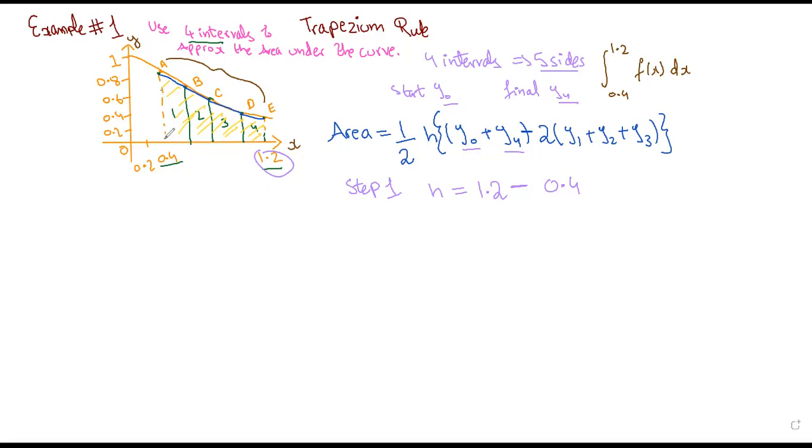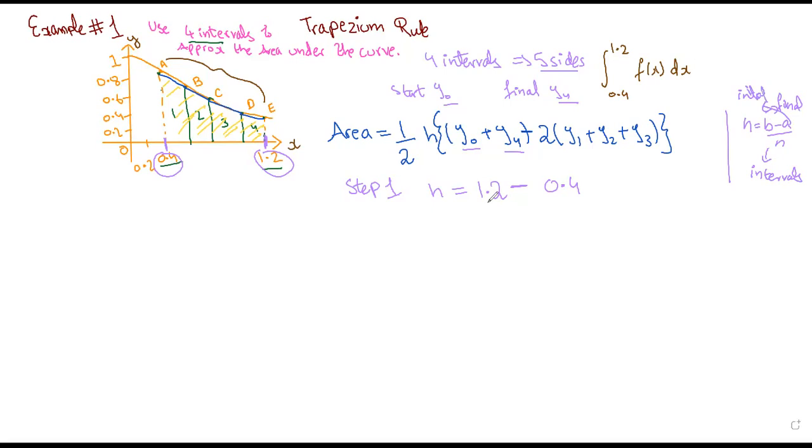Here he wants you to find the area between these 2 points. So this is our a and this is our b, because h is (b minus a) divided by n, where n is the number of intervals, b is the final x limit, and a is the initial x limit.